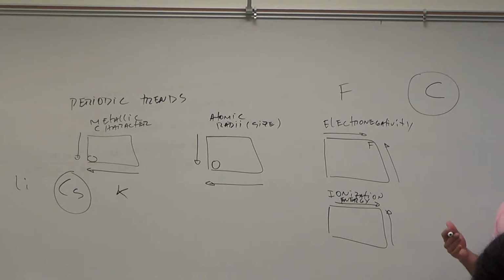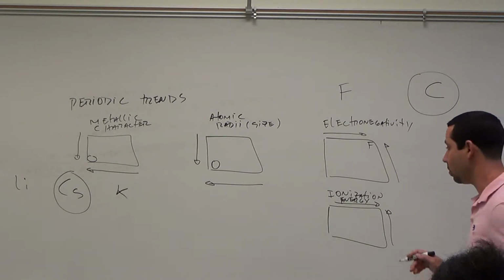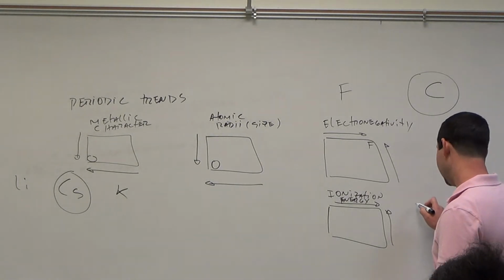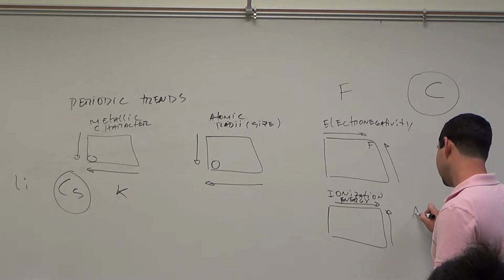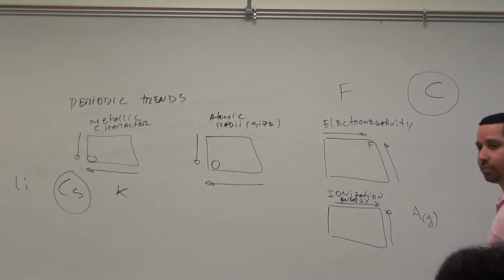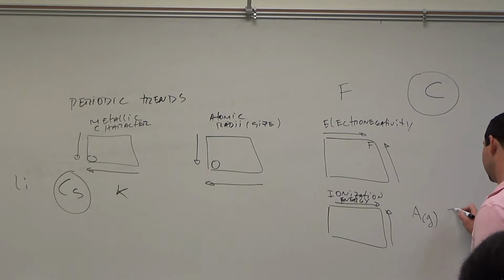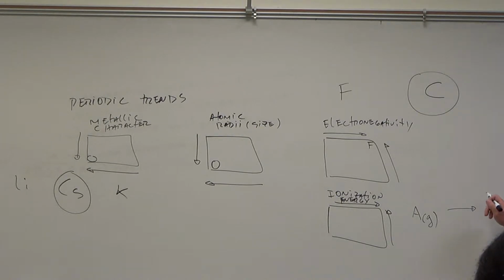Ionization means, what do you do to the element? You are taking an electron from the element. So, the formula for ionization energy is an element in the gas phase loses an electron. If it loses an electron, what does it become? An ion. What type of ion?